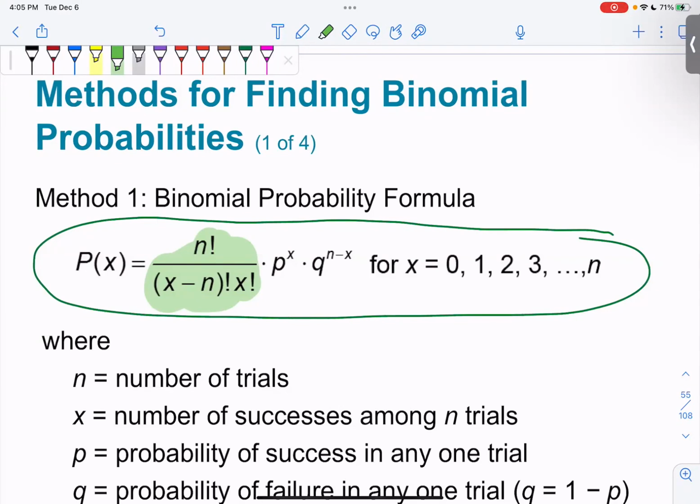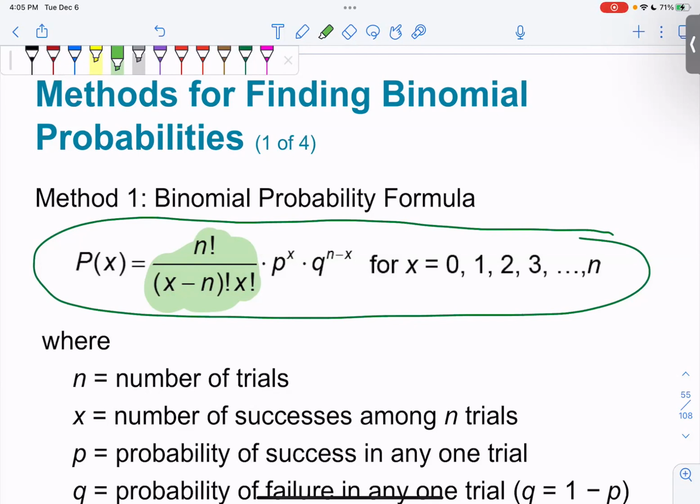Maybe in 10 times, all tails, right? So 0. Or I might be lucky enough that in 10 flips I get all of them equal to heads or tails, whichever I'm interested in. So this is the probability of success, and this is the number of successes.